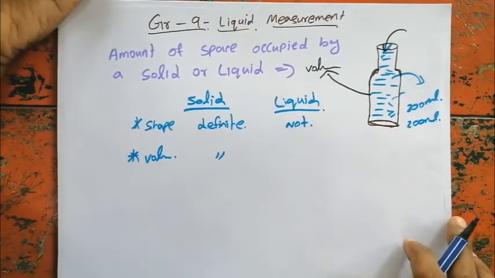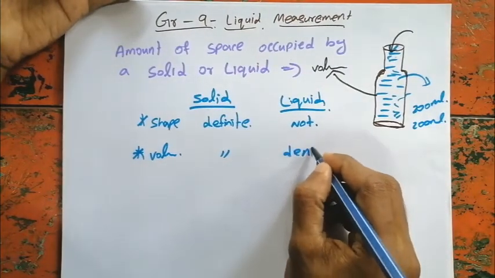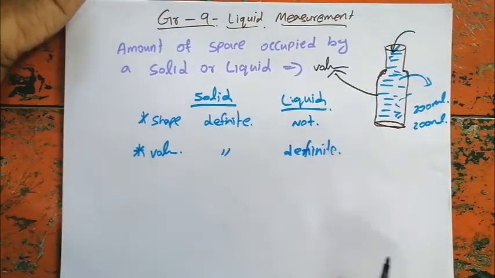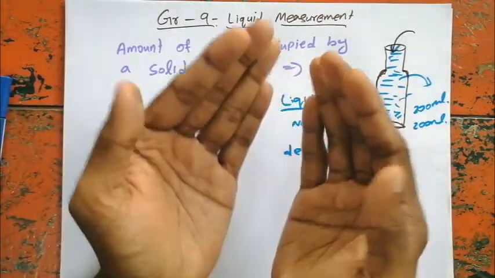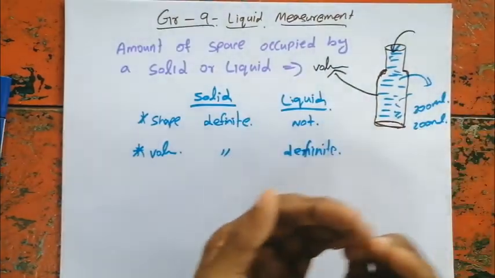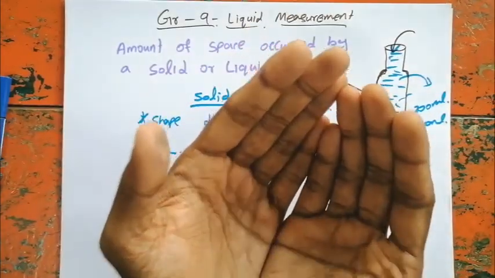Okay, what about a liquid's volume? It is also definite, it is also fixed. Say you take a handful of water. You can measure how many milliliters of water you got in your handful.